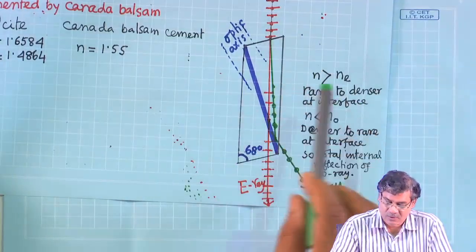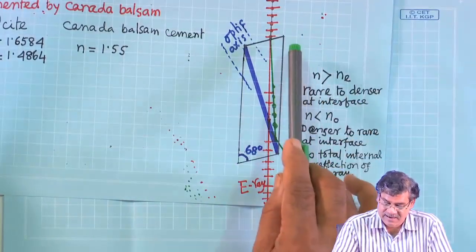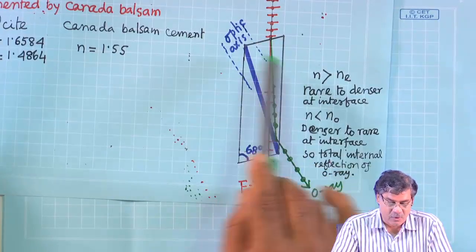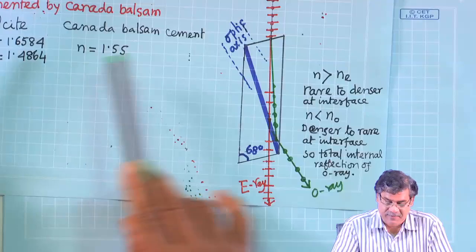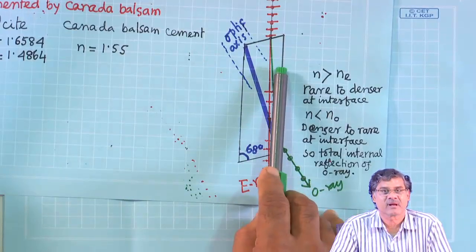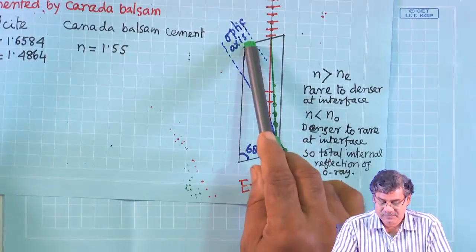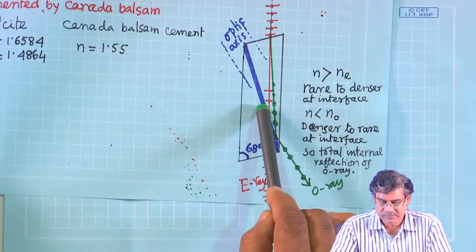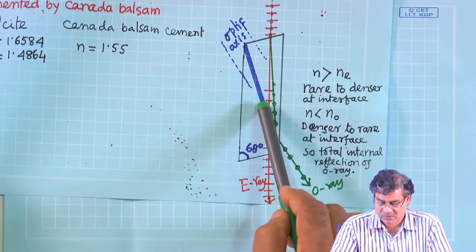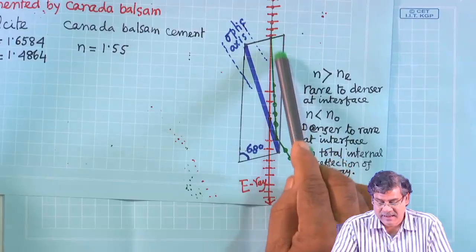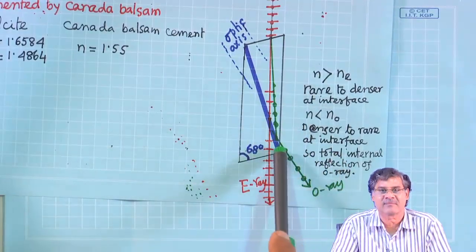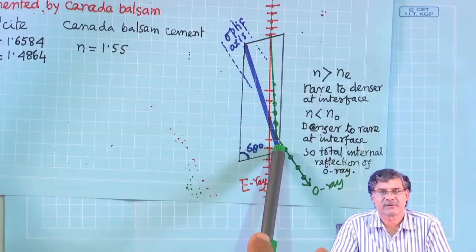Here, what happens: for the ordinary ray the refractive index is higher, and the Canada balsam refractive index is lower. So, for the ordinary ray, what happens? It is entering from the denser medium to the rarer medium, right.